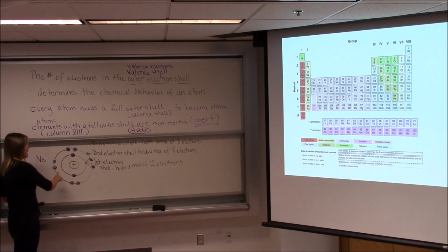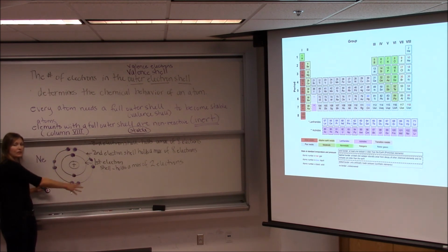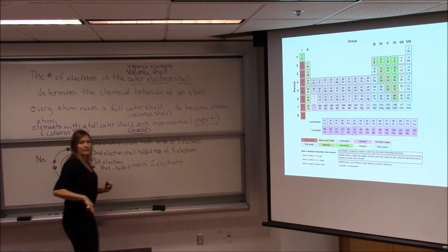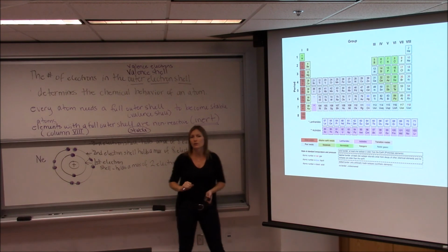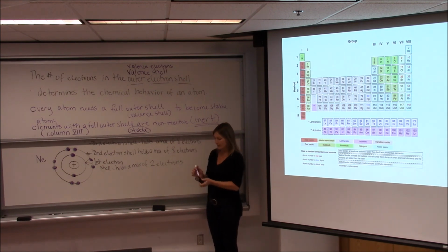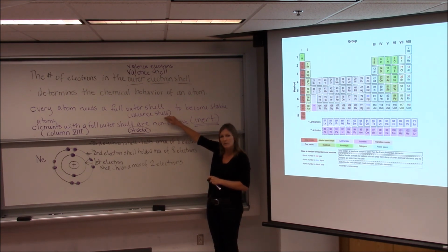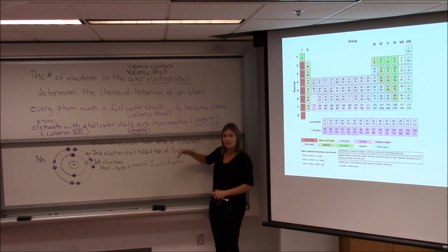If I asked you how many valence electrons does neon have, you could either sketch it and count, or you could do the shortcut. Column 8 has 8 electrons in its outer shell. Okay, again, if an atom does not have a full outer shell, it's going to be reactive. It's going to do something to fill that outer shell. And we'll talk about that in the next lecture, and we'll start seeing how molecules form.